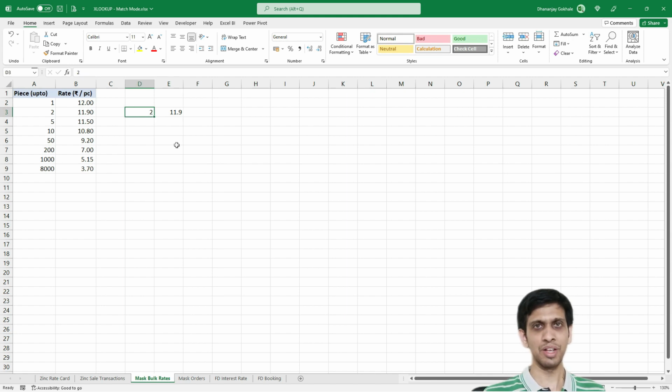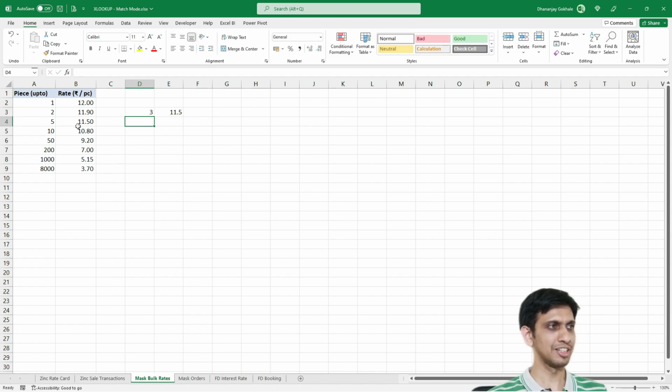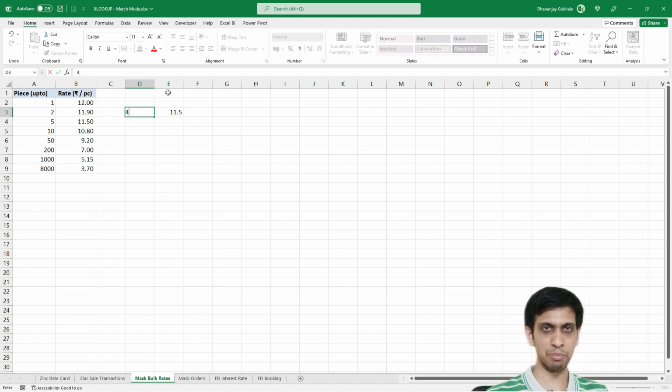Now let's say I purchase 3 masks at a time. My rate should change to 11.5. Let's enter 3. Now it has picked up on the higher side, not on the lower side. This rate should remain till I purchase 5 masks.